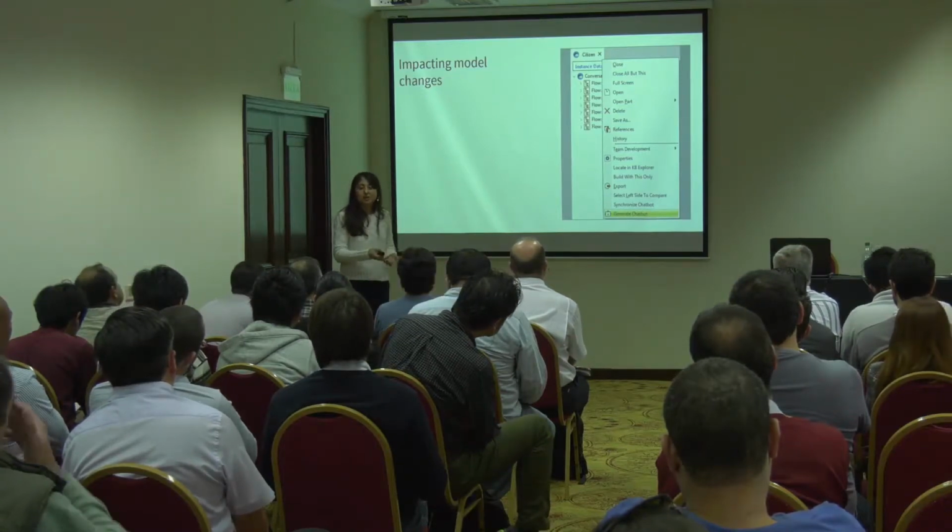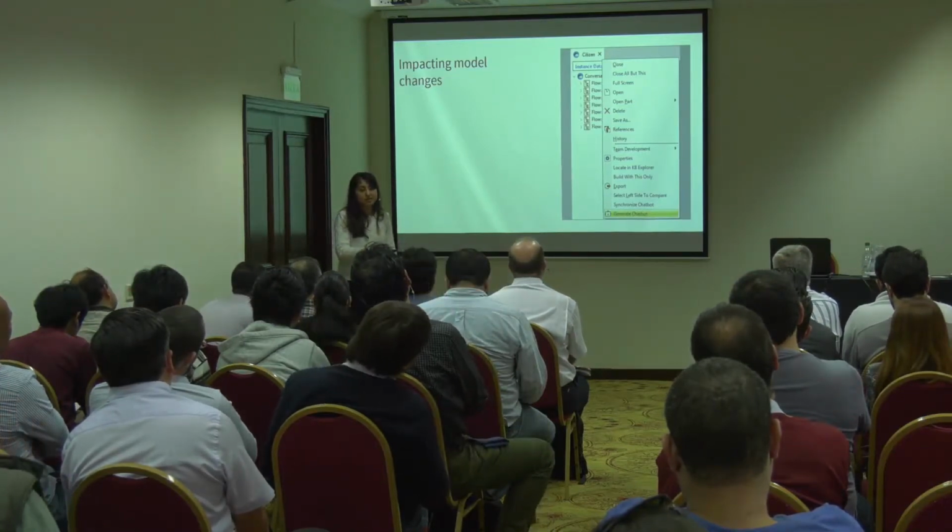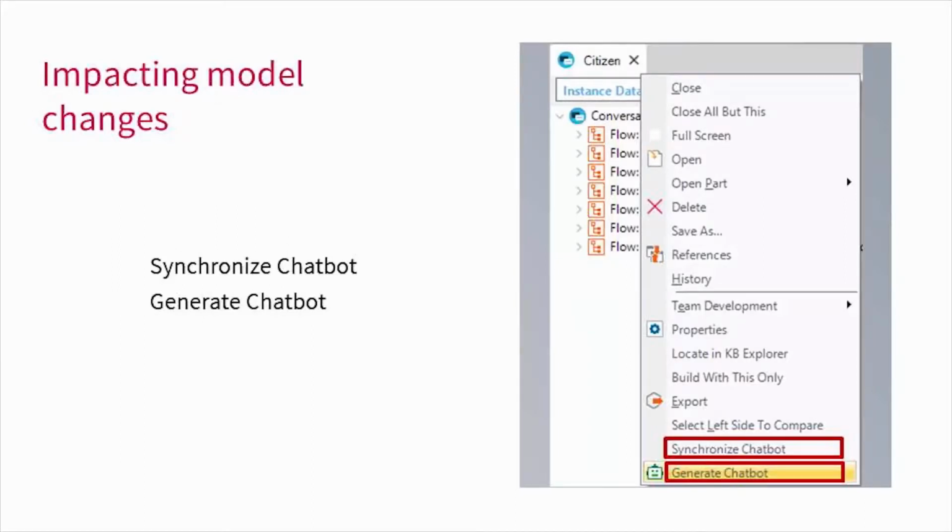So once I have created my model, what do we do? Well, we save the instance, and my model is impacted in the provider, but you can also force the impact with the option synchronize chatbot. Right click on the instance and the model is impacted on the provider.